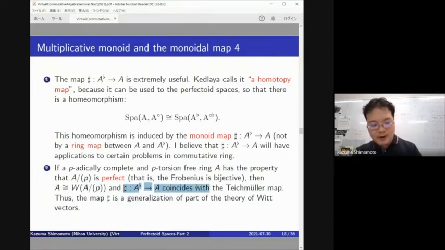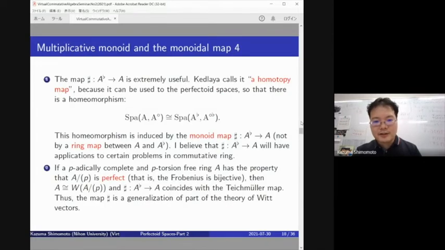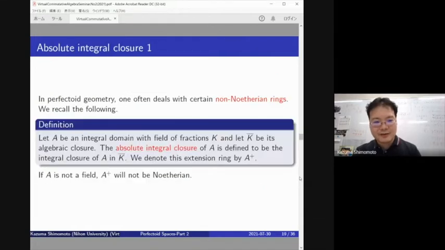So therefore, the map sharp is a generalization of part of the theory of Witt vectors. Okay, so anyway, this is also important. So I cannot say much more than that. So let's just move on to another topic.